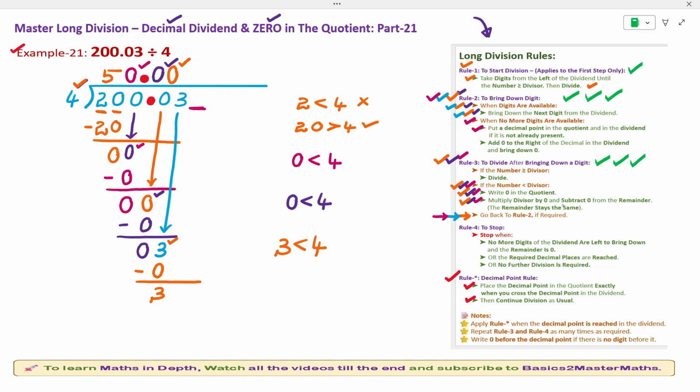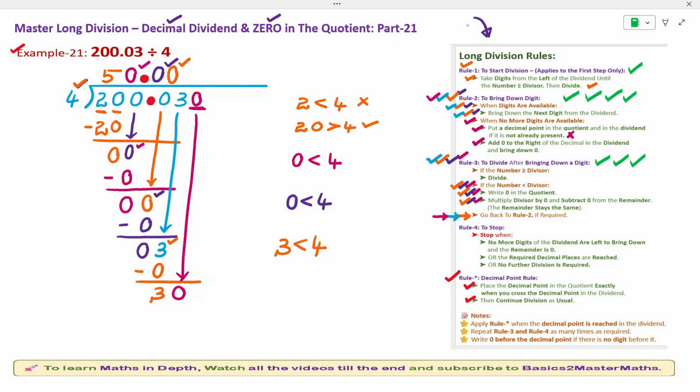In this case, the decimal point is already present in the quotient and in the dividend. So, no need to put the decimal point again. Then add 0 to the right of the decimal in the dividend and bring down 0. Got it? Now, rule 2 is complete for the fourth time.